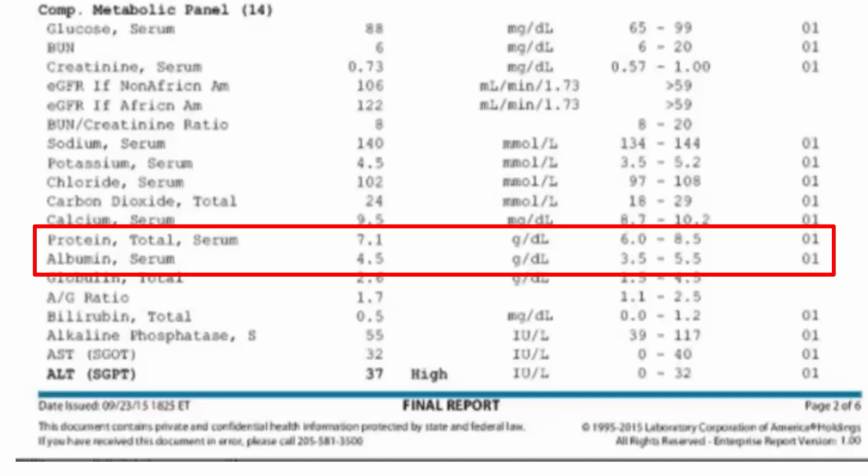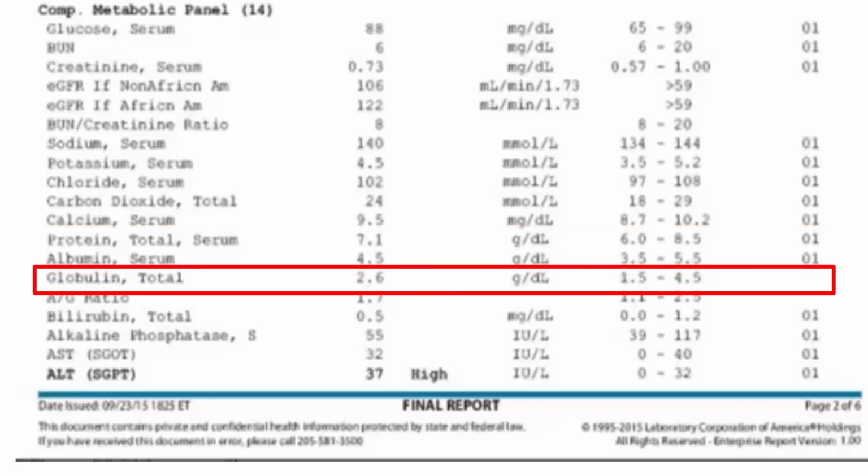If you're not getting a lot of good nutrition, your albumin, which is just a type of protein, might be low because your body's not able to make enough of it, because you're not eating enough of the proteins you need to make the albumin. And then similarly, the globulin, that's a type of antibody, a bit outside of the scope of this lecture.